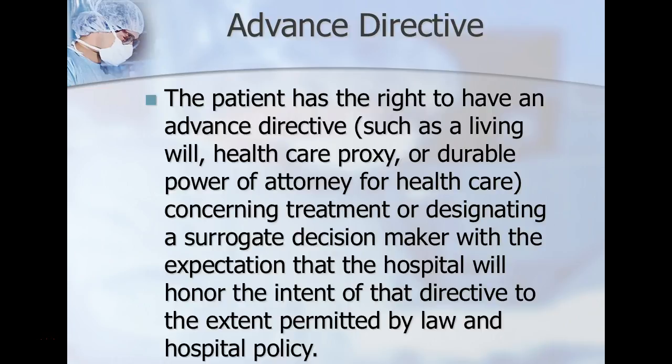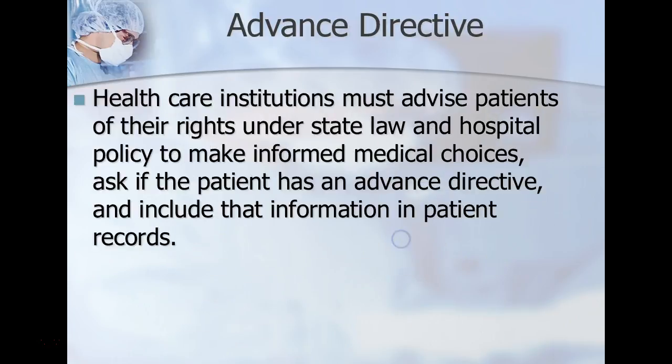They can create a healthcare proxy or a durable power of attorney for healthcare to appoint a specific person to make their decisions for them in the event that they are unable to do so. And we would then honor those requests in order to allow that person to make those decisions.